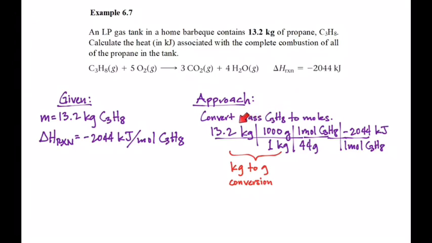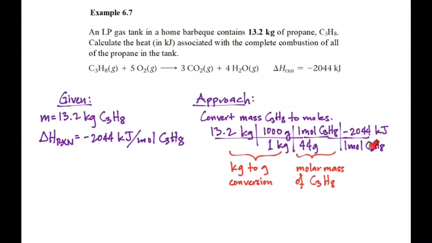The first part here of the dimensional analysis converts 13.2 kilograms into grams, so kilograms would cancel out, and then dividing by the molar mass of propane gives us the number of moles of propane. You can see that the grams would cancel out, and then we use the ratio between the number of moles of propane and the amount of heat that's generated.